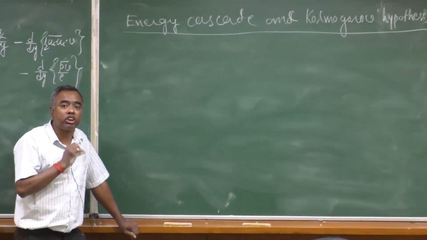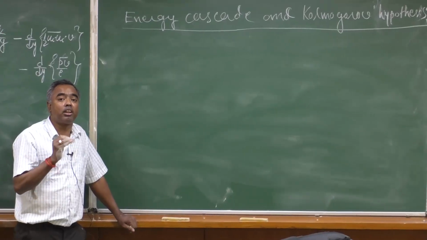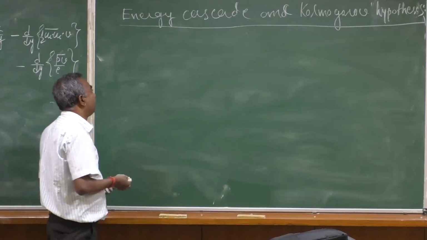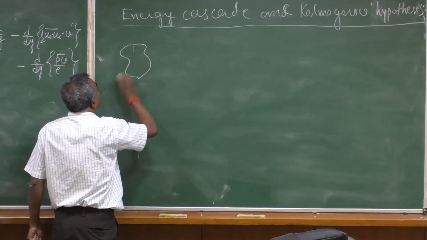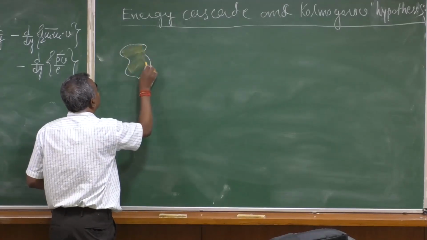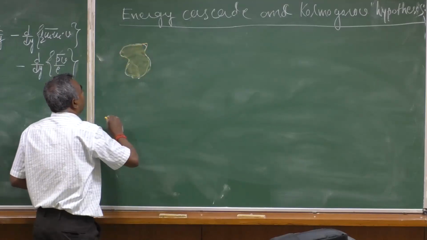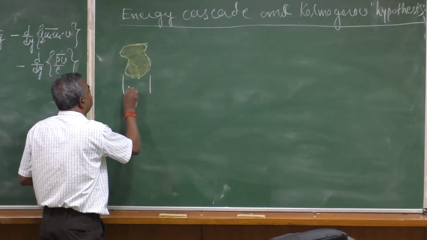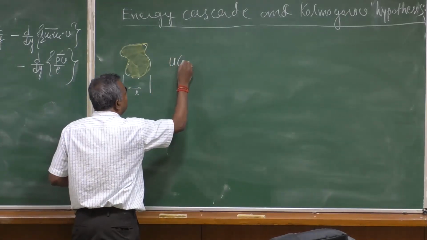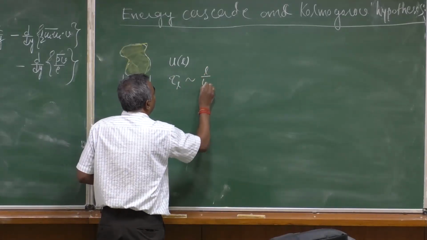According to his notion of the energy cascade, a bigger turbulent eddy is somewhat unstable, since it can be considered to have a high Reynolds number. Suppose in a turbulent flow we have various sizes of eddy. If this is the bigger eddy, its length is approximately L, its velocity is UL, and its time scale is L by UL.